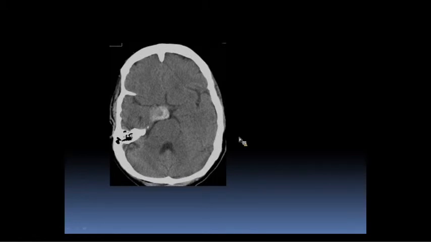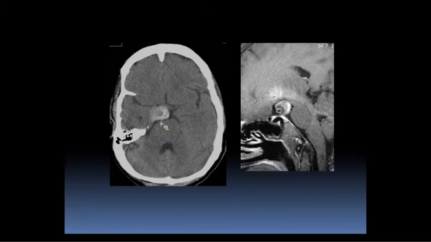So here's a hyperdense lesion. Is this another lymphoma? It's just to show you a pitfall. It's hard to tell here. This may be partly parenchymal and might be partly extra-axial. It looks like it's centered in the suprasellar cistern, so maybe this is just a hematoma, or you could consider it's just an exophytic dense lesion from the brain, but this was actually an aneurysm.